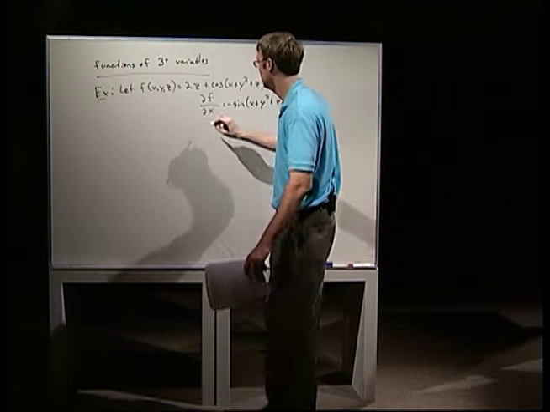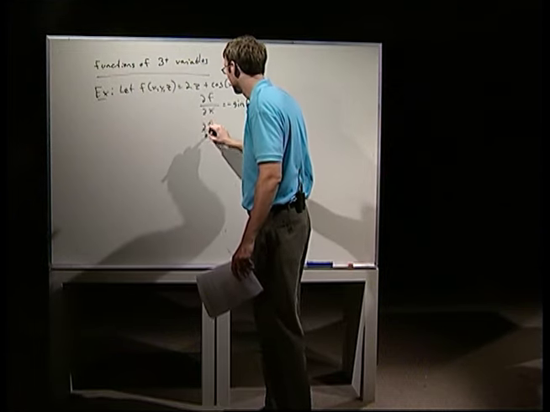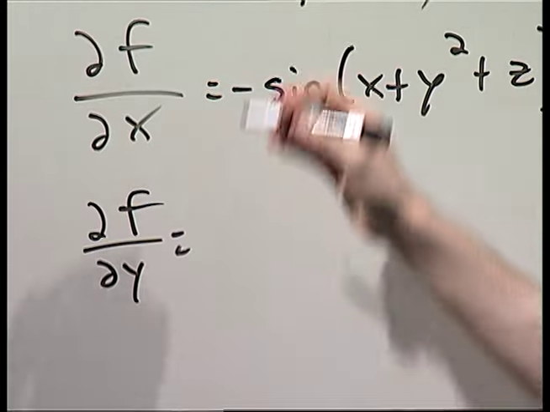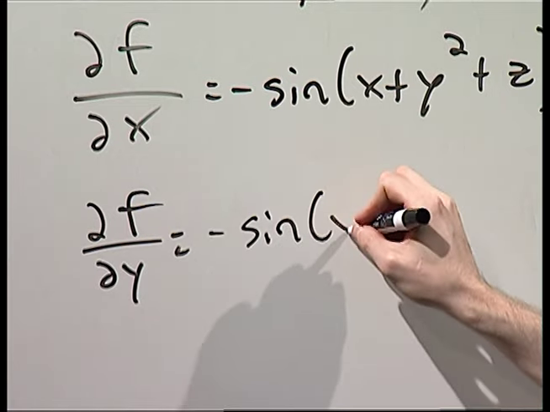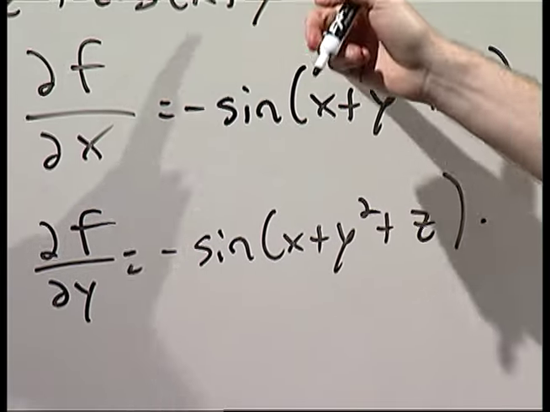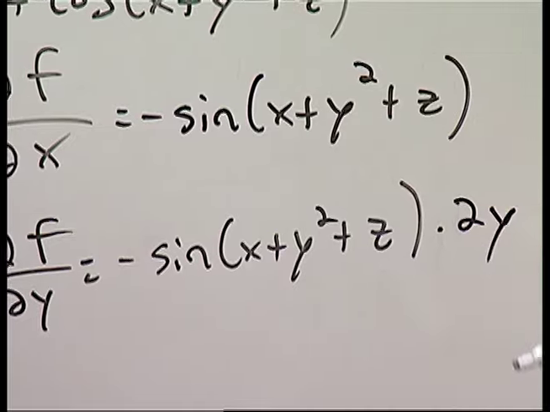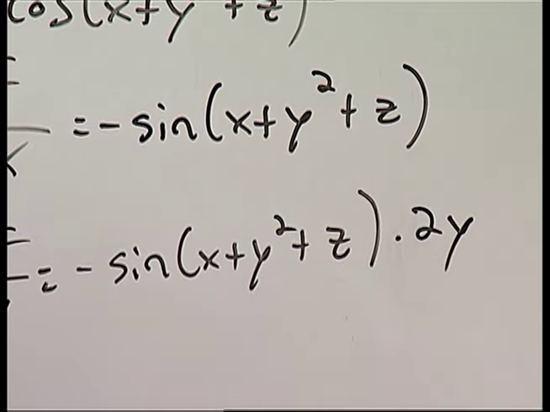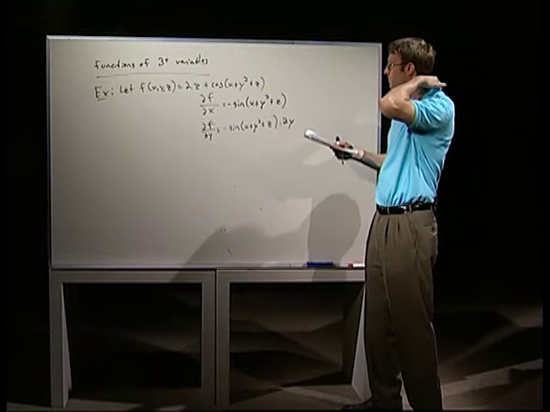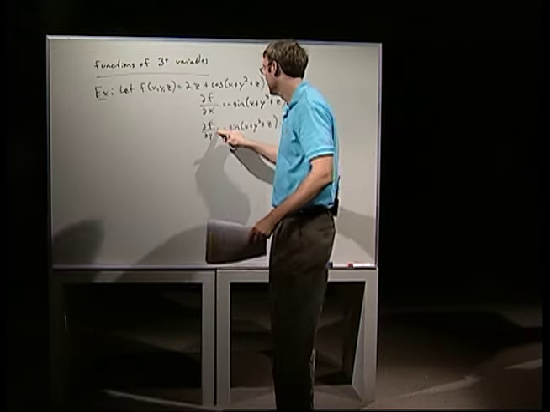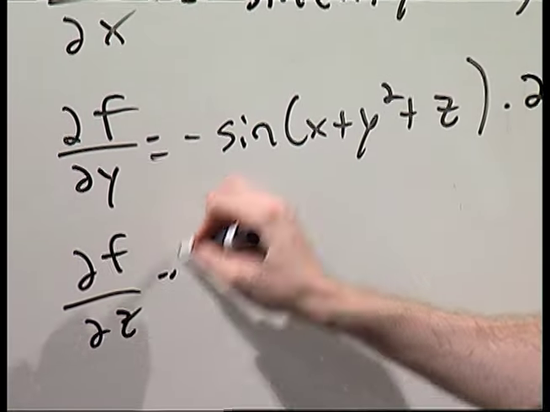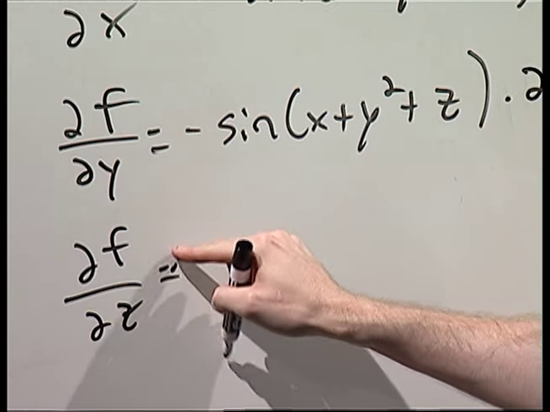How about partial f, partial y? The 2z is still constant. The difference now is we still have this outside piece, but now the inside derivative is a 2y. So we have minus 2y sine of that thing. And for partial f, partial z, this term now matters.